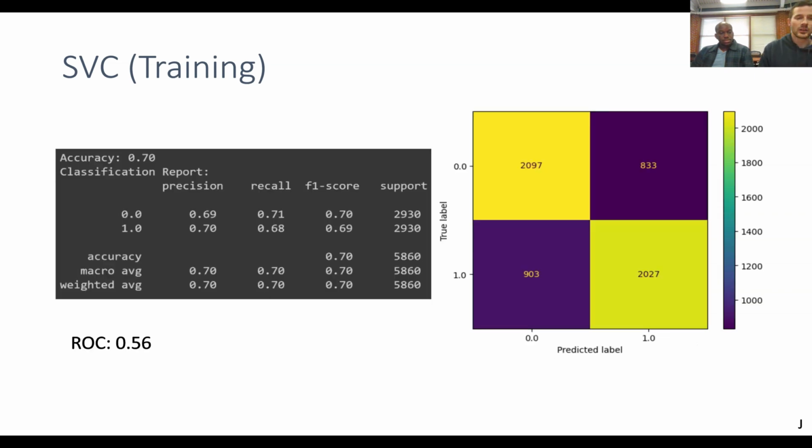So the results of the training had an overall accuracy of 70% and ROC of 0.56. You'll notice here that the F1 score for the purchase of Florence and not purchasing of Florence is roughly 70% each. So this is a fairly good model. When I ran the cross-validation, it also had a similar accuracy of 70%, indicating that there really wasn't any evidence of overfitting.